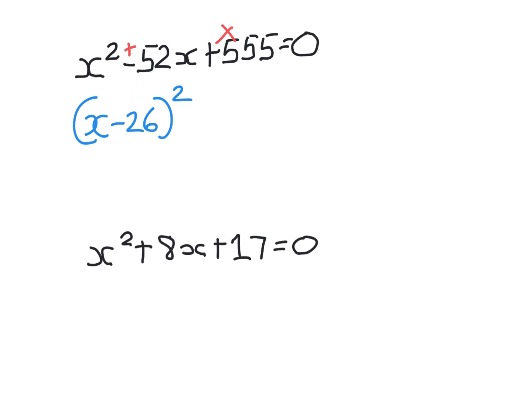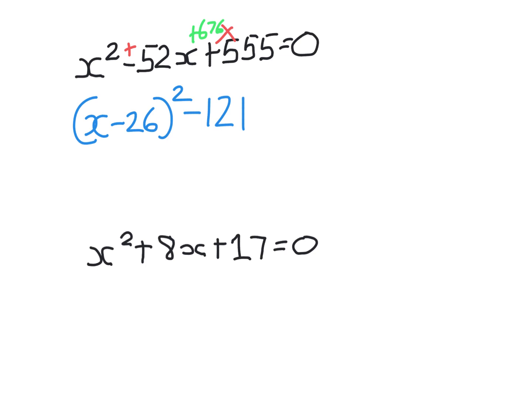But see, the problem is when I expand x minus 26 squared, I would get x squared minus 52x plus 26 squared, which is 676. I don't want 676, I want 555. So to go from 676 to 555, I actually need to subtract 121. So now they're balanced. This expression in blue and the expression in black are exactly the same.